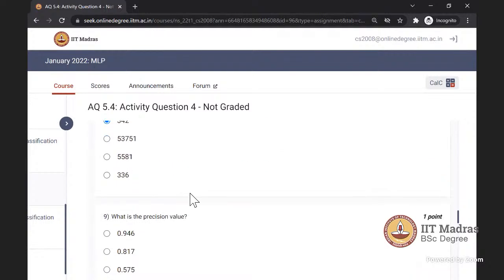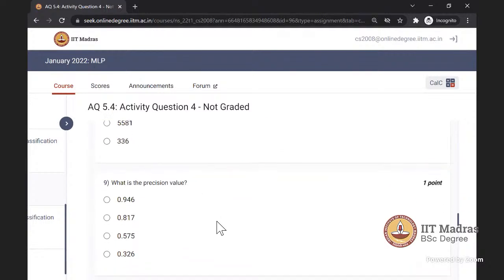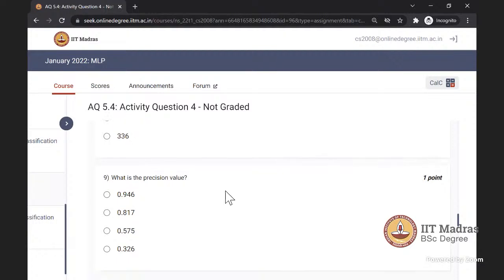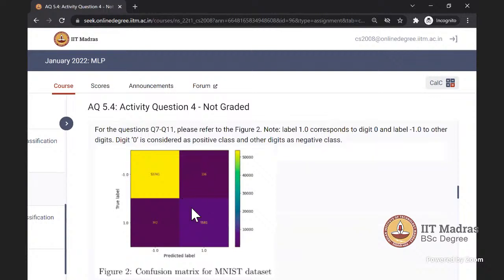Question 9: what is the precision value? Precision is TP divided by TP plus FP, so we need to calculate it.